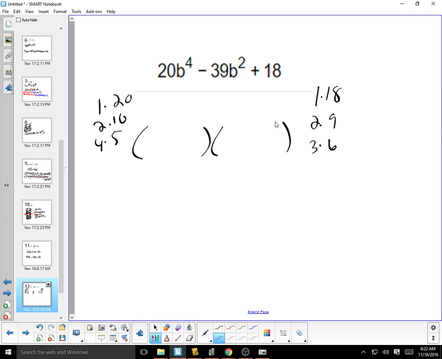Okay. So let's try. Can anybody see a relationship in there somewhere? Maybe the 4, 5, 3, 6. This would give me 24 and 15. Oh, that was beautiful. That was just a guess.